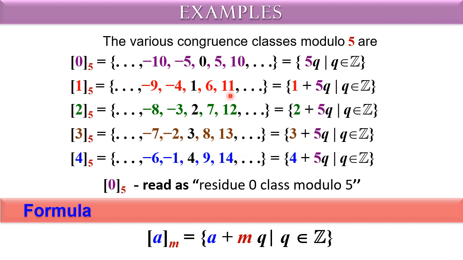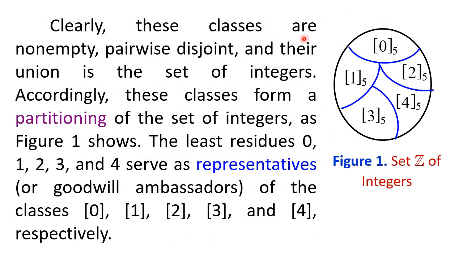Notice that the classes that we determined showed a specific set of numbers which are integers. Thus, we may say that these classes are non-empty, pairwise disjoint, and their union is the set of integers.